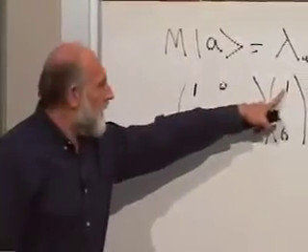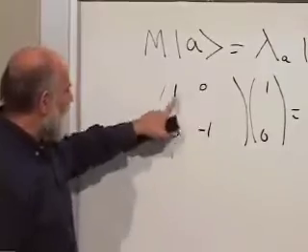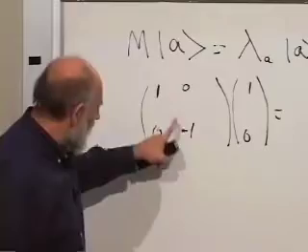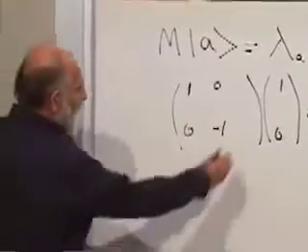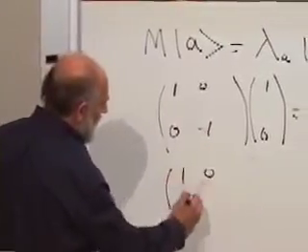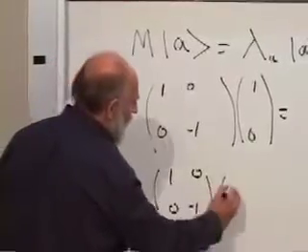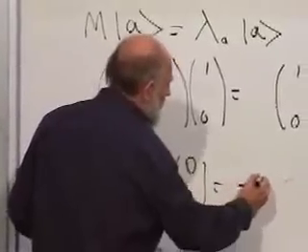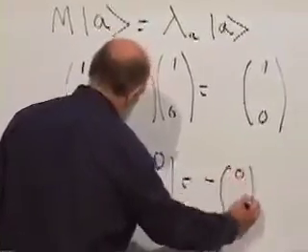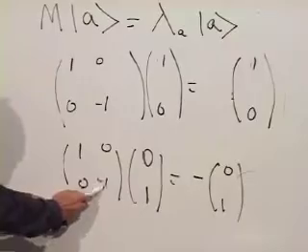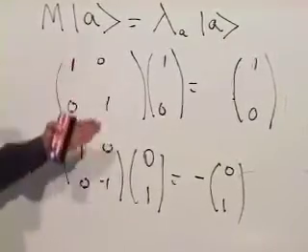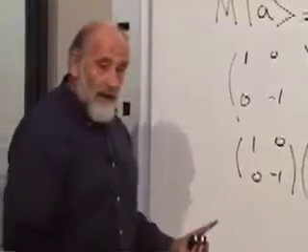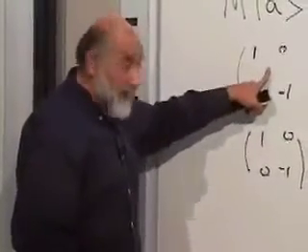So the state with the electron up is an eigenvector of a certain observable, which is represented by a matrix. Right? And the other eigenvector is 0, 1, and that is equal to minus 0, 1. The minus comes from this minus sign over here. So the two states of the electron, up and down, are eigenvectors of the spin operator.